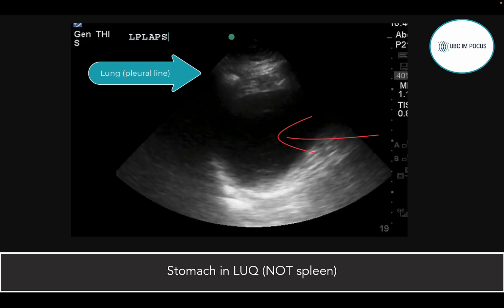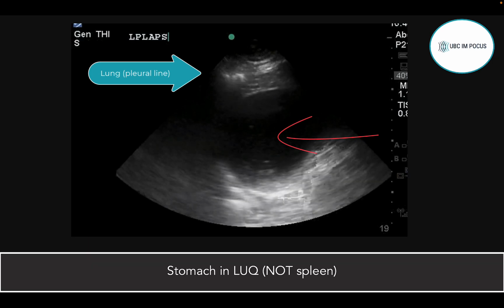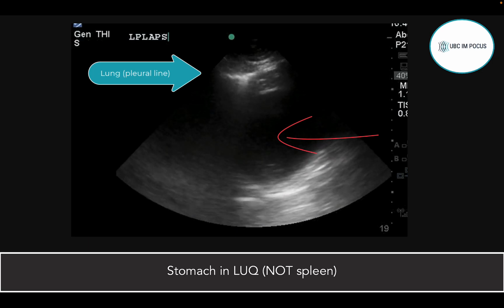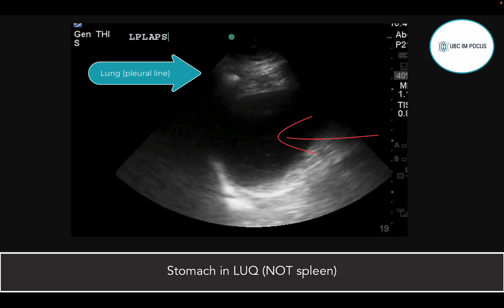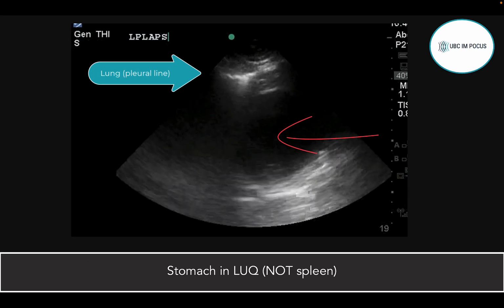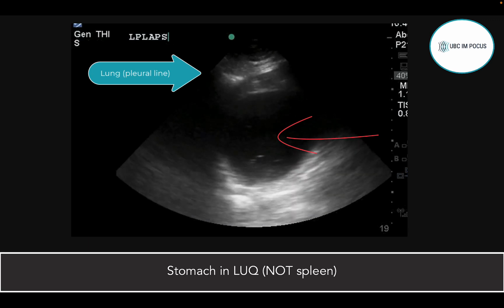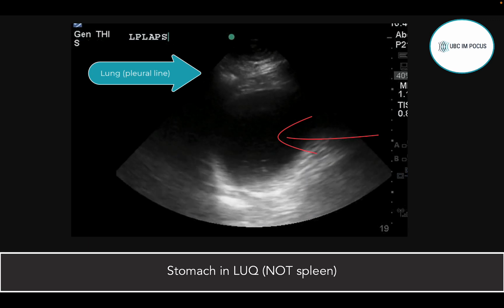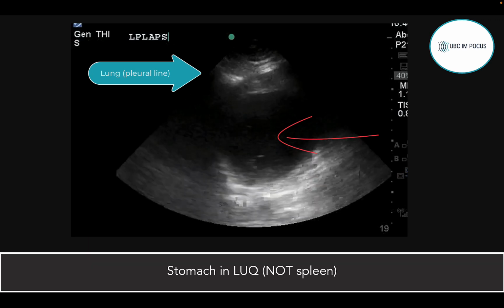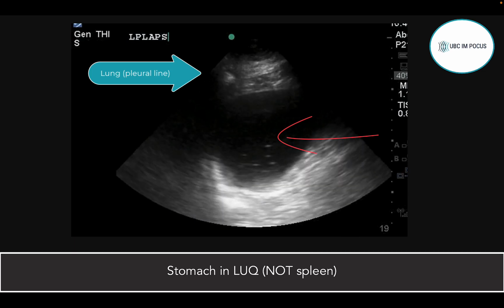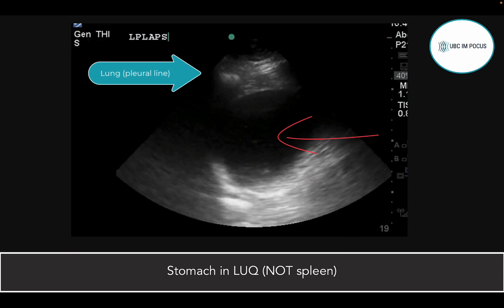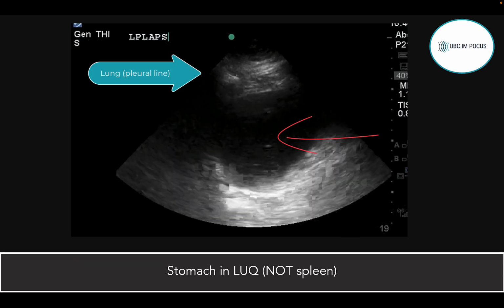We see some little bubbles within that anechoic space. So this is actually a big dilated stomach, which we can occasionally see in patients with small bowel obstruction or significant gastric distension. The spleen should look more isoechoic, more gray, more homogeneous, and we should see a splenorenal interface, so a kidney beside it.